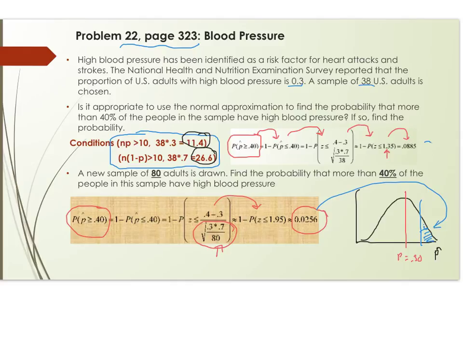Up above, it was different. It was 8.85%. So notice that the bigger the sample is, the smaller the standard error gets, which makes our distribution narrower as well, closer and closer to the true value of p. So that's the difference between Part A and Part B.